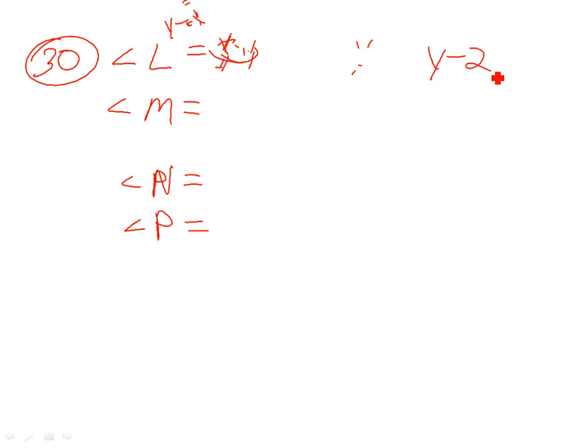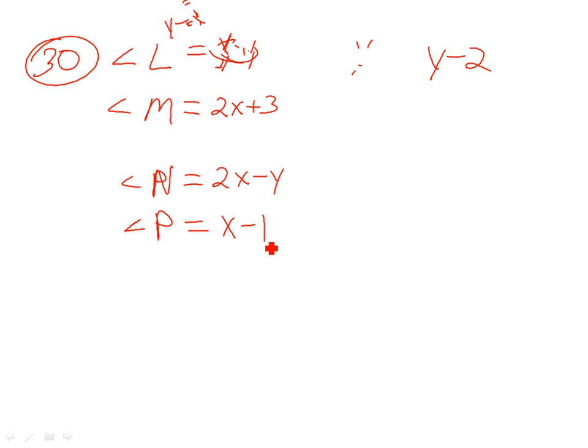Measure of angle M equals 2x plus 3. Measure of angle N equals 2x minus y. And measure of angle P equals x minus 1. Find the values of x, y, and the measures of all four of the angles, right?